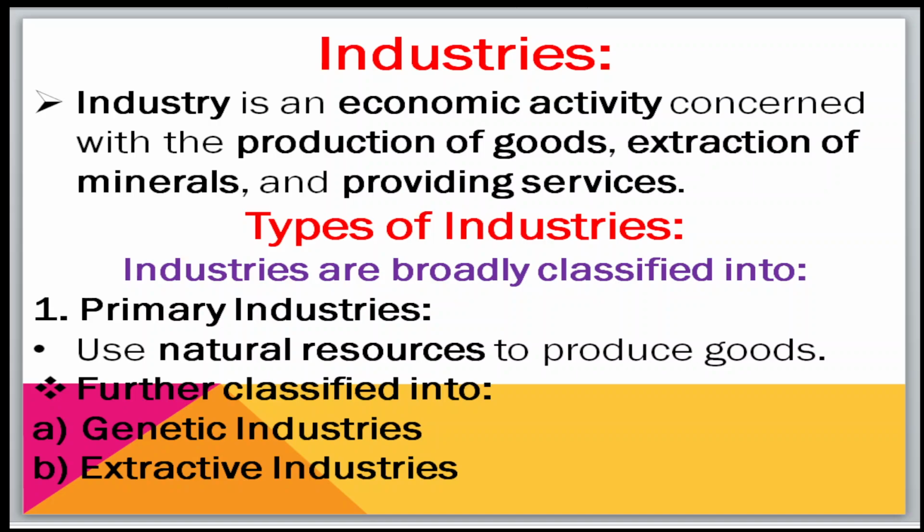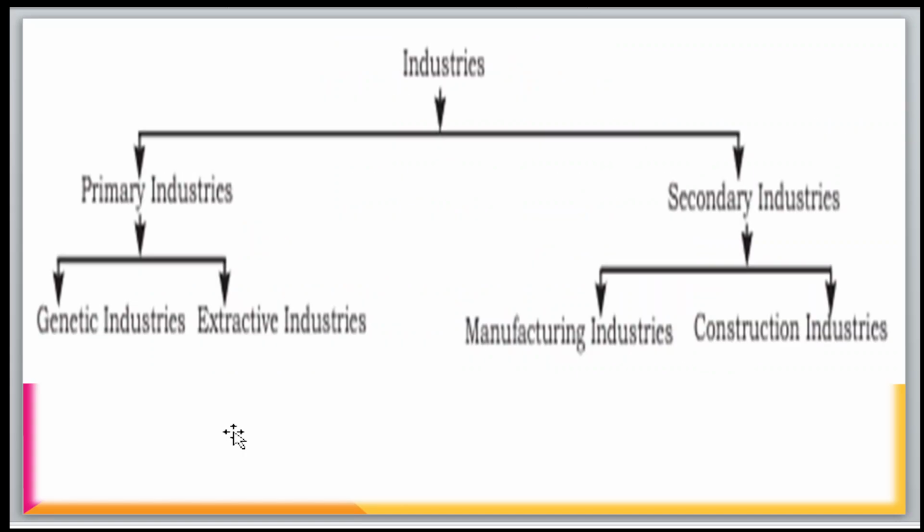Two types. Primary industries use natural resources to produce goods. Further, they are classified into two types: genetic industries and extractive industries. So there are two types of industries, primary and secondary. In primary you have two types and in secondary also you have two types.